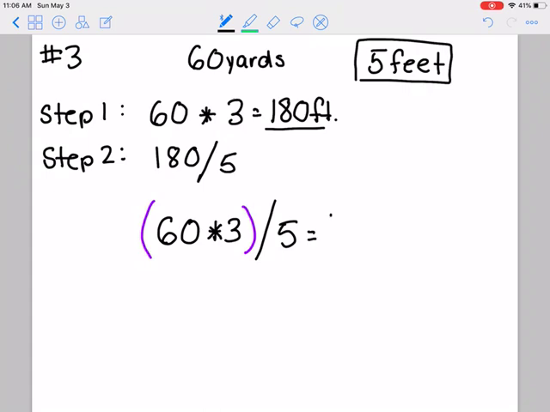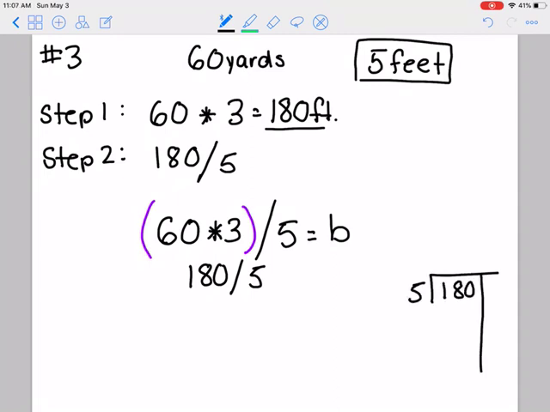So this equals B for how many balloons? And we know that 60 times 3 was 180 divided by 5. So let's do 5 divided by 180. I know that 5 times 20 would give me 100, and I'm left with 80.